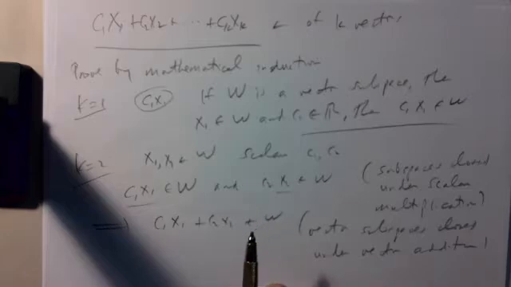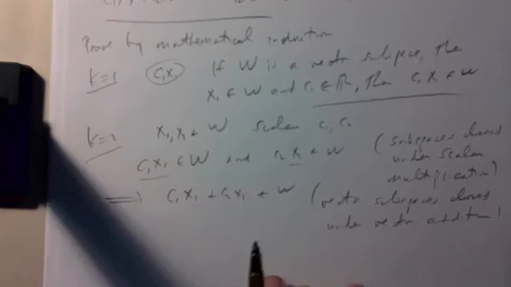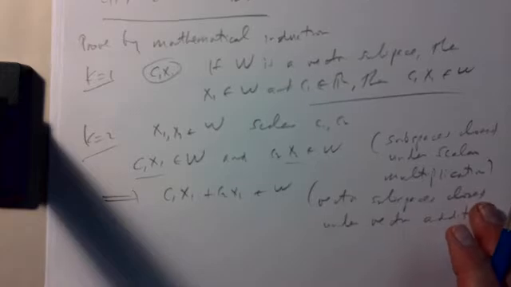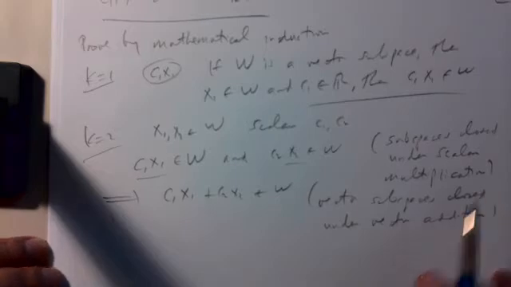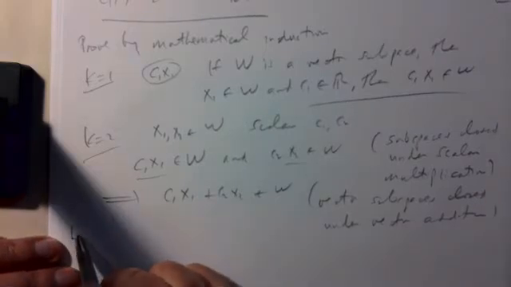And I could prove it for 3 and I could prove it for 4, but I can't go on forever, right? We're only alive for a finite amount of time. So the way you prove something by induction is the following.